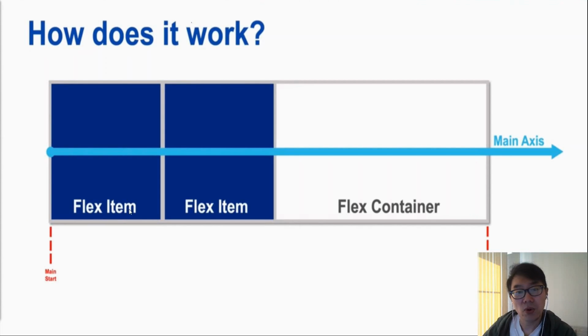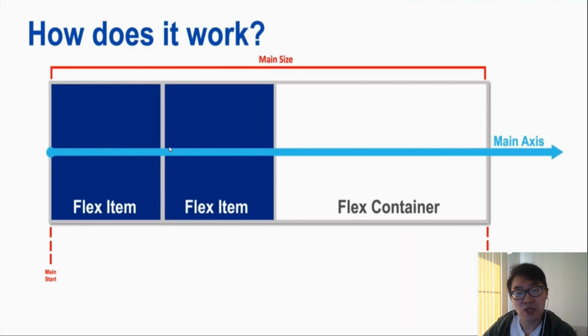Now, the point where the flex items start flexing is known as the main start position, and opposite that is known as the main end. In this example, the main start position is on the very left of the container, and the main end is the very right of the container.